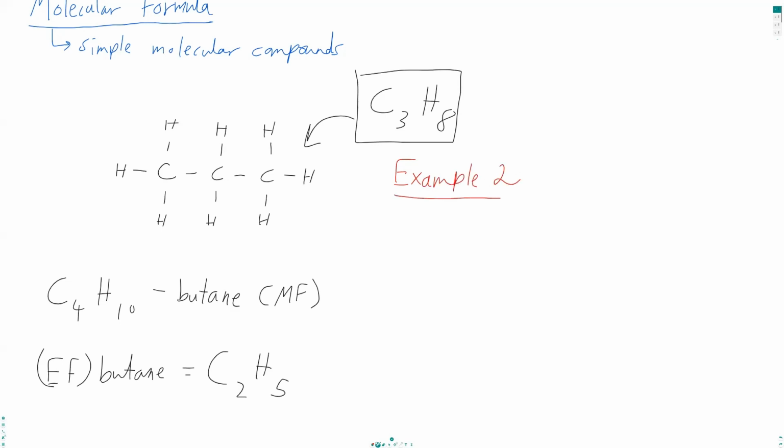Example 2. The empirical formula in this one is CH2, and the relative molecular mass, Mr, is 56. We need to find the molecular formula.